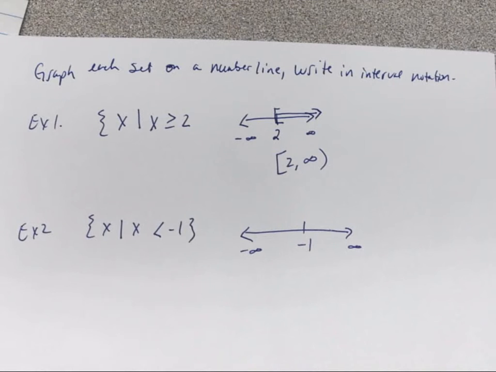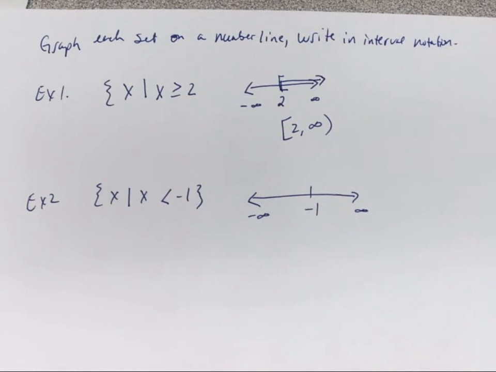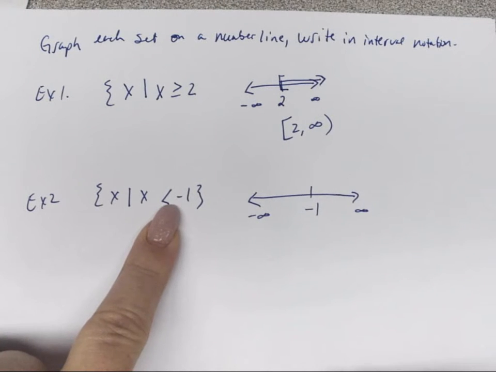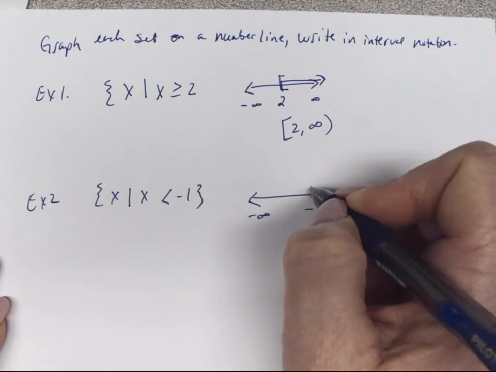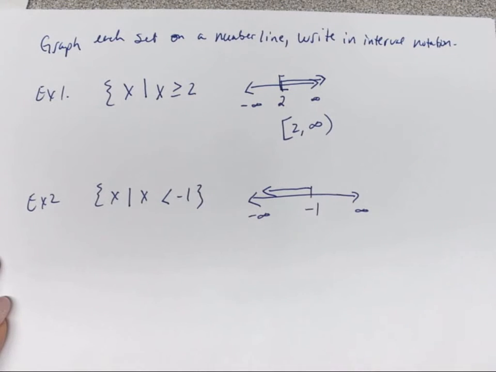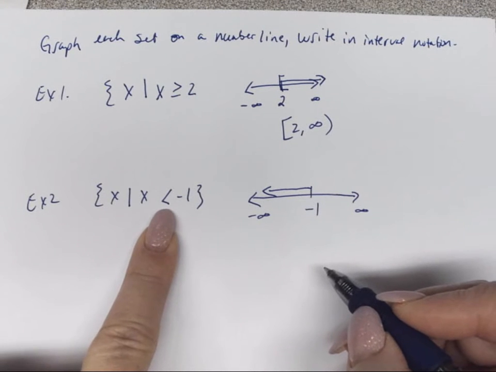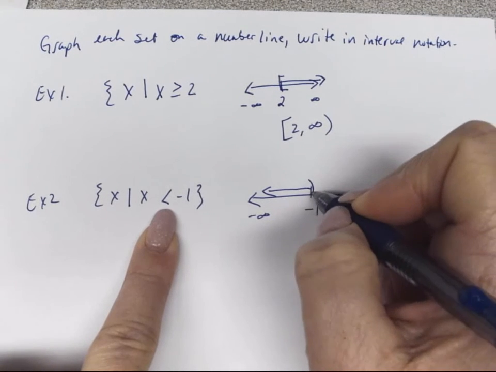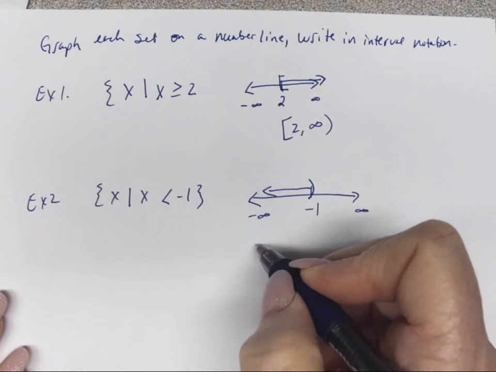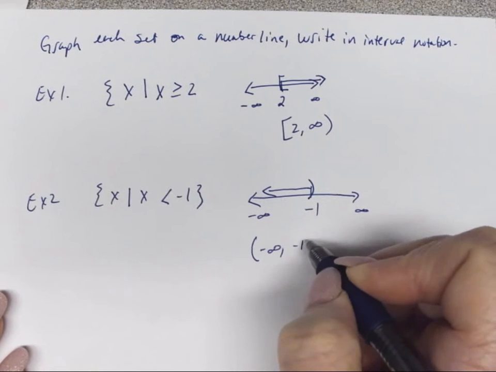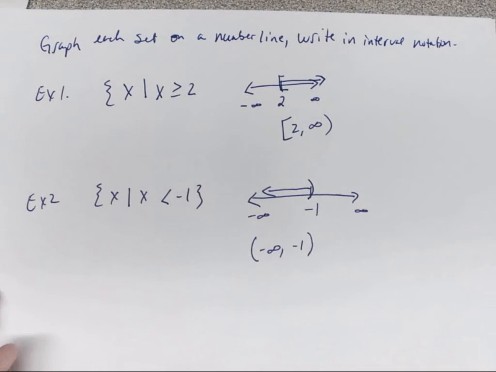You can put lots of numbers, but sometimes when you're trying to do the notation, you just get bogged down by where all the numbers are. So if you only put what you need, sometimes it's easier. So less than will go to the left. And because it is not equal to, we'll have a parenthesis. And then we'll copy straight down. So negative infinity to negative 1 with a parenthesis.